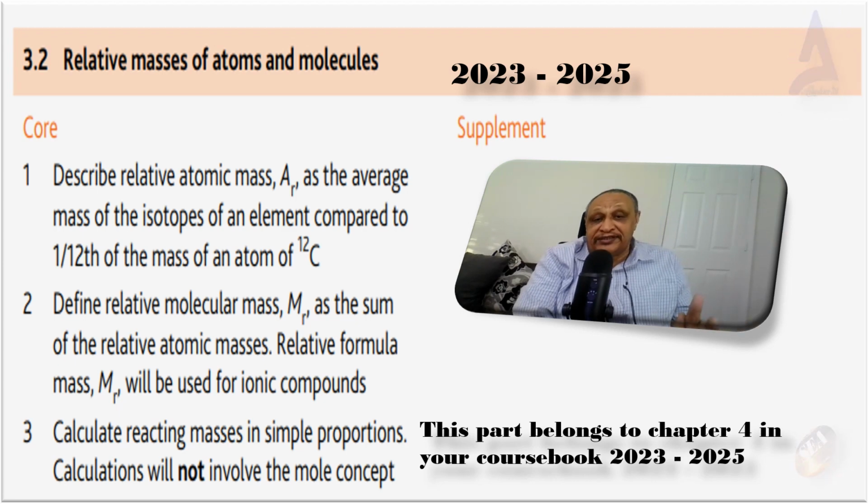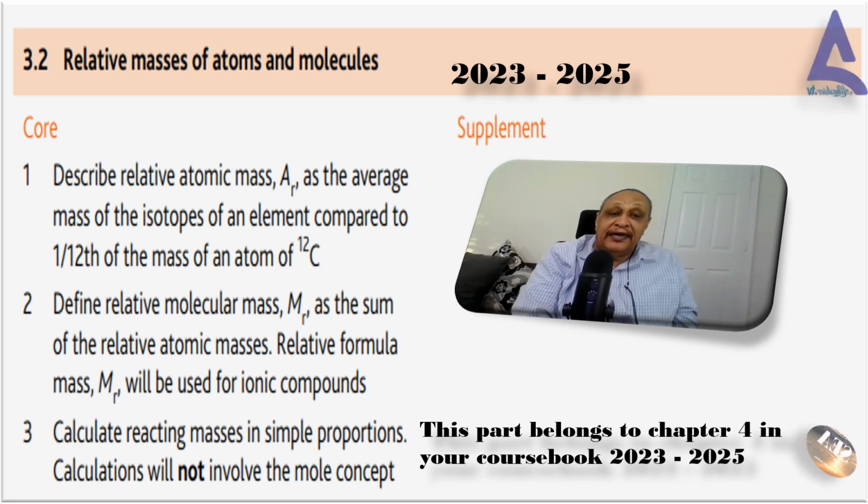We are going to take this today in this episode. Then in the next episode, we are going to calculate reacting masses in simple proportions. Calculations will not involve the mole concept.